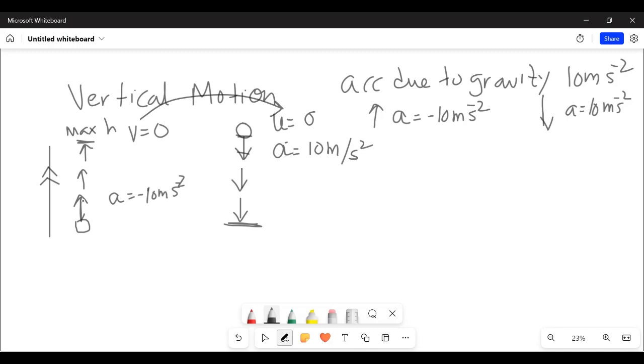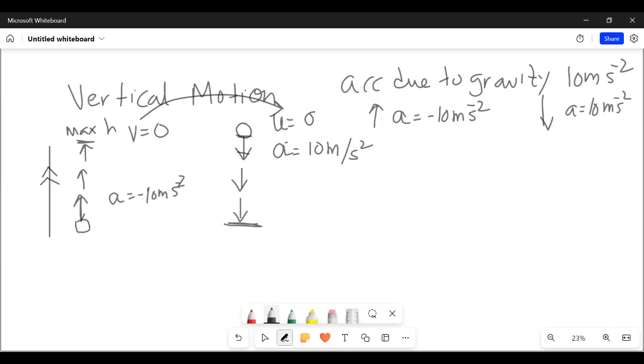Then it begins to fall down, but the initial speed of the downward motion is going to be u as well. The speed is going to be u equals to 0, same as final speed of the first part of the journey. And then the downward acceleration is 10 meters per second square.